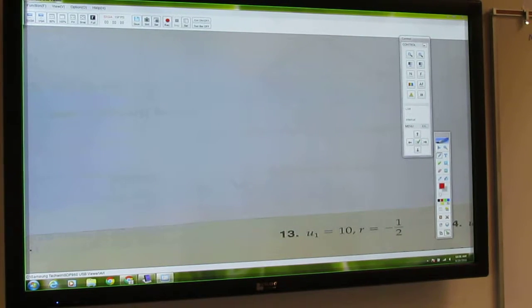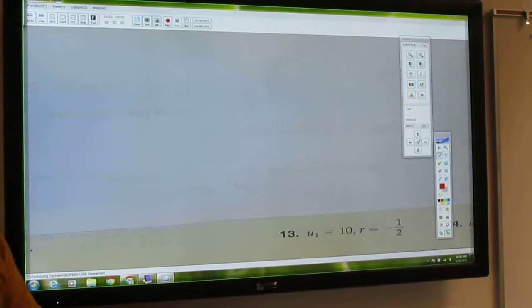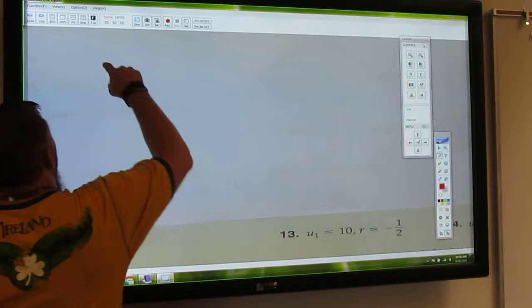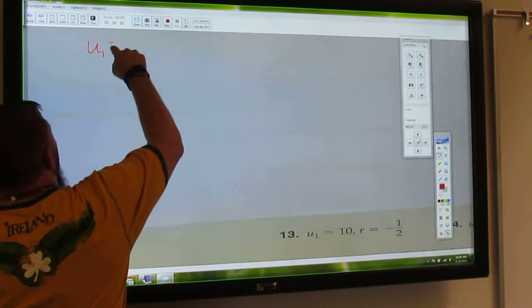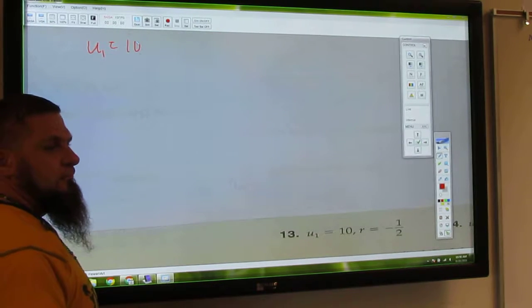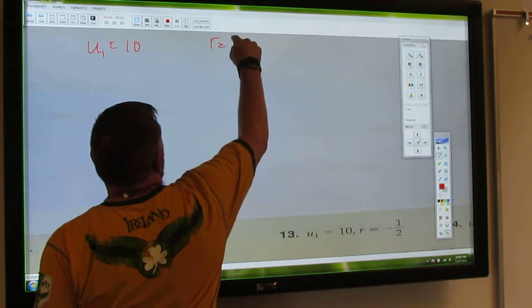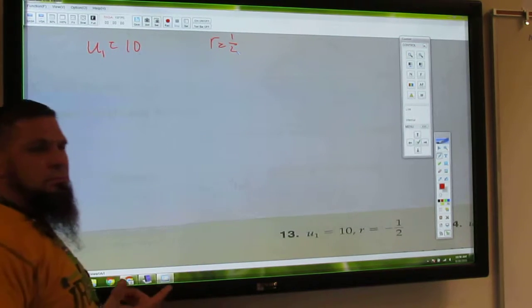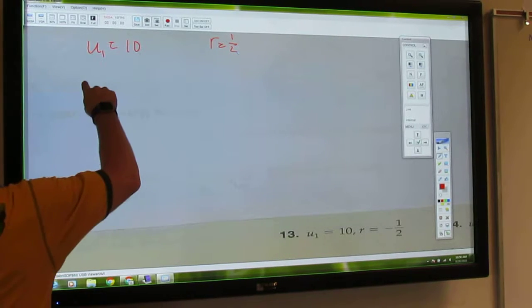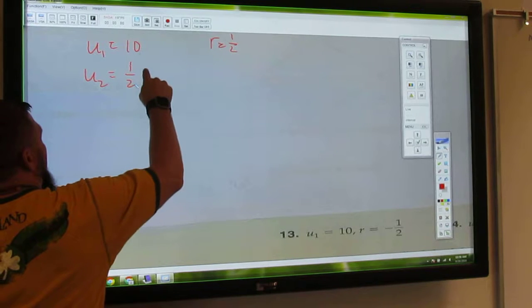All right. Geometric means we're trying to find the next u by using r to multiply to the next one. So if u1 is equal to 10 and r is equal to 1/2, then u2 is equal to 1/2 of 10.